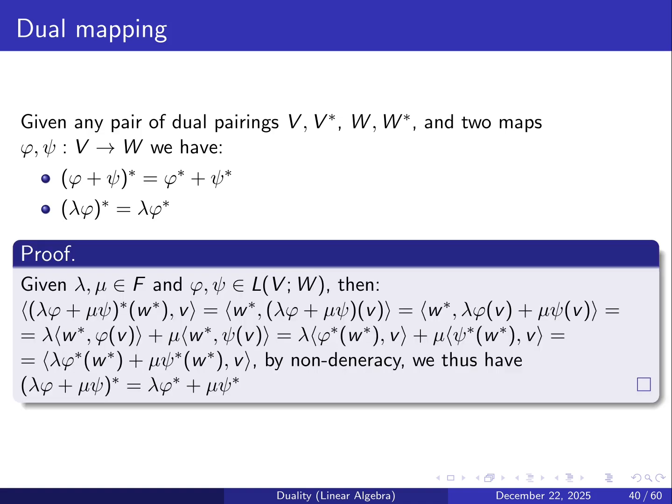To show this, take lambda and mu to be scalars, then we have lambda phi plus mu psi star of W star scalar product V is just equal to W star scalar product lambda phi plus mu psi of V. By linearity, we get that this is equal to lambda times phi star of W star scalar product V plus mu times psi star of W star scalar product V. And combining by linearity, we get that this is equal to lambda phi star of W star plus mu psi star of W star scalar product V. And by non-degeneracy, we thus have lambda phi plus mu psi star is equal to lambda phi star plus mu psi star.